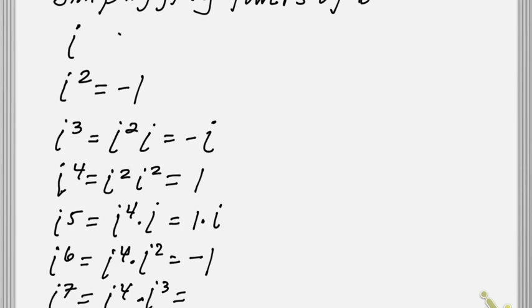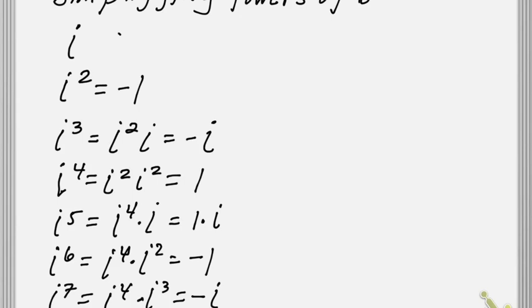Well, i to the fourth is 1. i cubed, I saw up here is -i. So that's 1 times -i, -i. And then i to the eighth is i to the fourth times i to the fourth, which is 1 times 1, or 1.